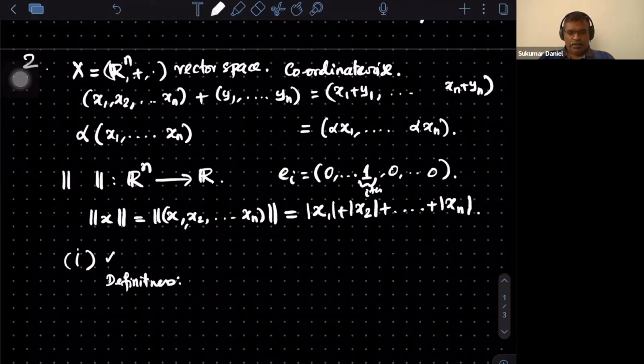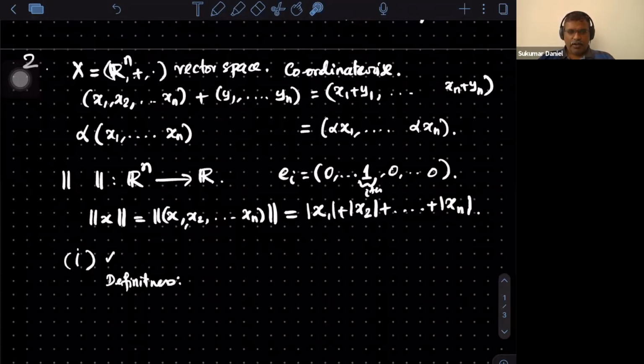Now, if the norm is 0, how do we conclude the vector is 0? That means you need to say that each coordinate is actually 0. So let's go slow and argue correctly. It is given to me that this sum, whatever I've highlighted, is equal to 0 when I'm saying that norm x is 0. That will imply these are all non-negative terms and this sum is 0. That means each of them has to be 0.